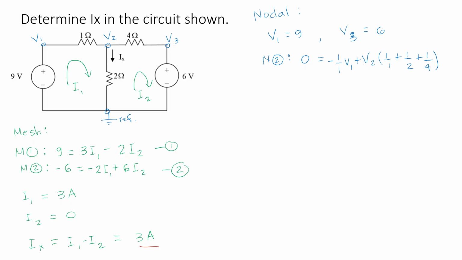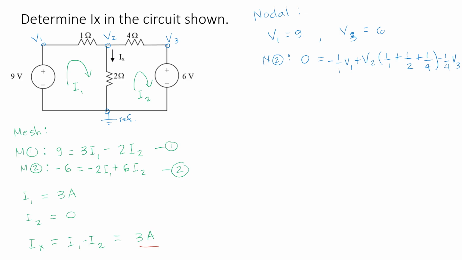At the same time, there is a common conductance between nodes 2 and 3. So we subtract the product of the common conductance by node voltage V3. So that completes the equation.